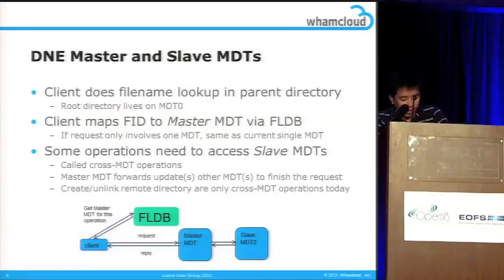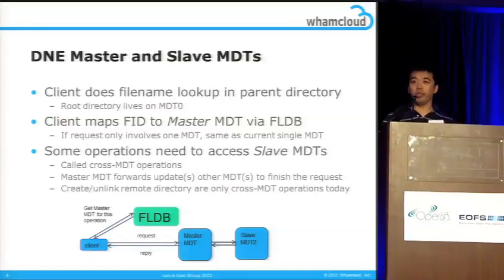Then DNE. The client always knows where the root is: it's on MDT0. So it always starts from MDT0 to do the pathname lookup. For most operations, it will send the request to the master MDT, which is where the parent is located.